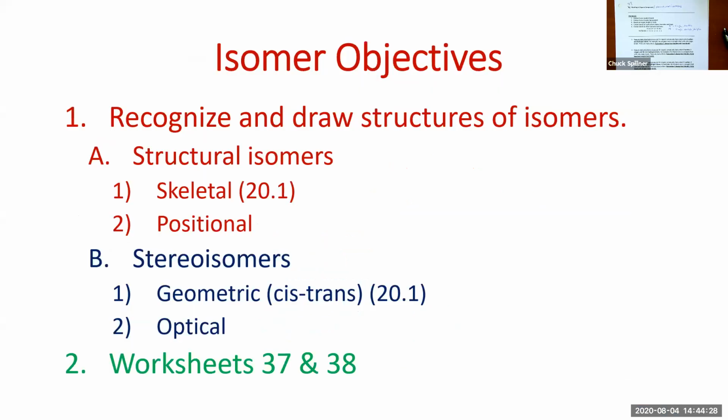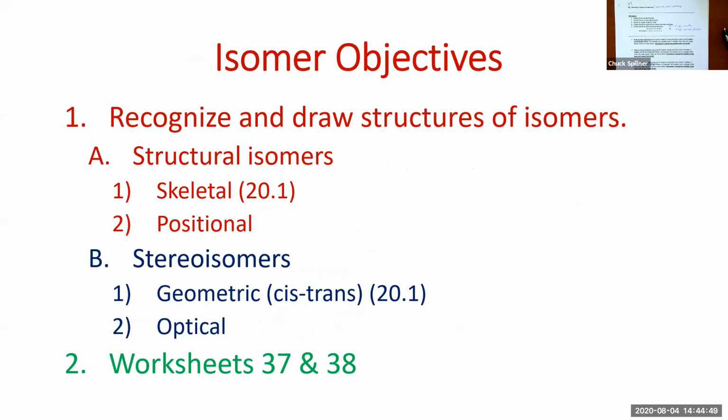So our objectives for this lecture will be to recognize and draw isomers of organic compounds. There are two broad classes of isomers, like I said, structural isomers, and we're going to look at two kinds. One is called skeletal, one's positional.